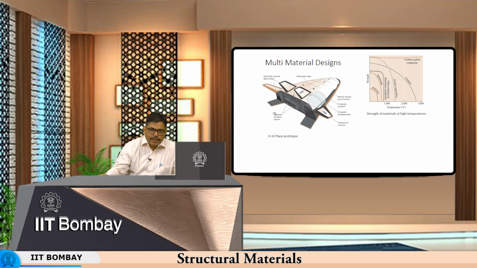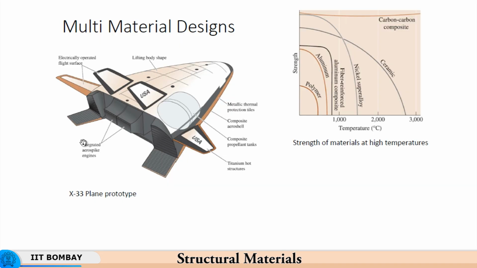So, as you see here, the strength, temperature behavior of carbon-carbon composites versus ceramic composites and many other composites are given, so that the merit of each is used depending upon the loading conditions.